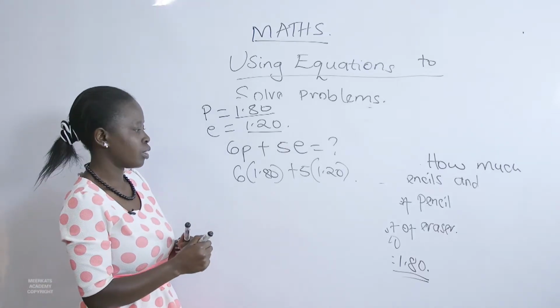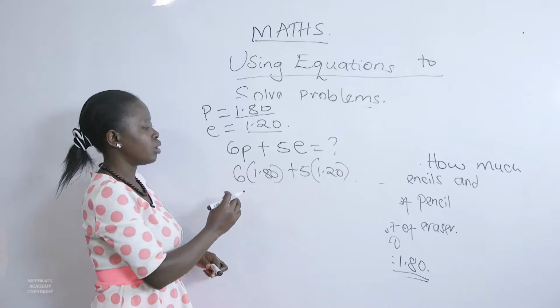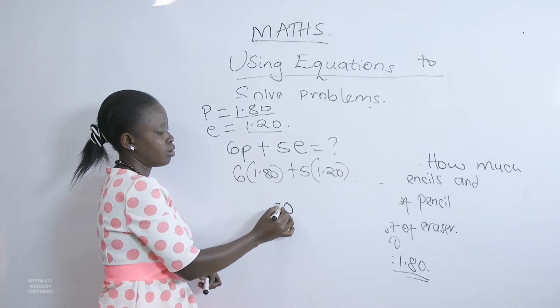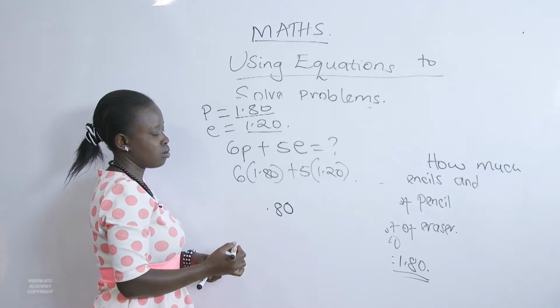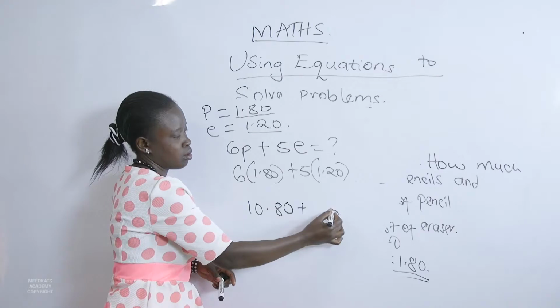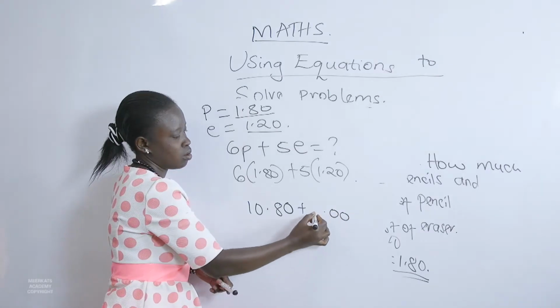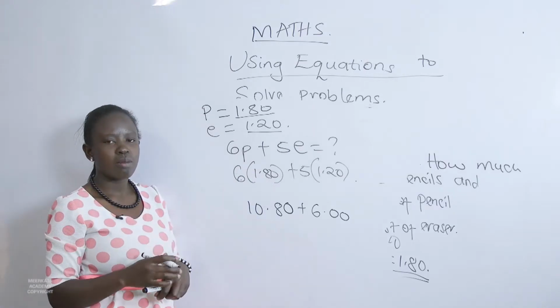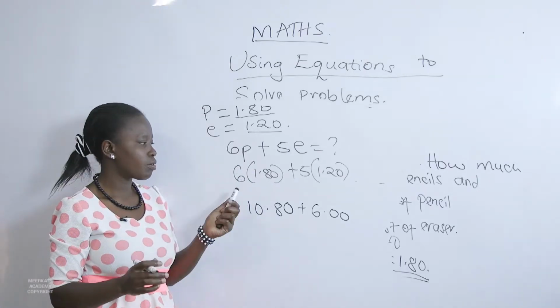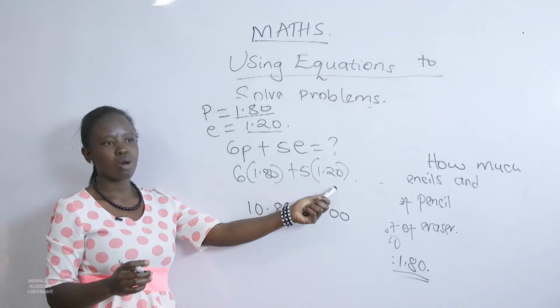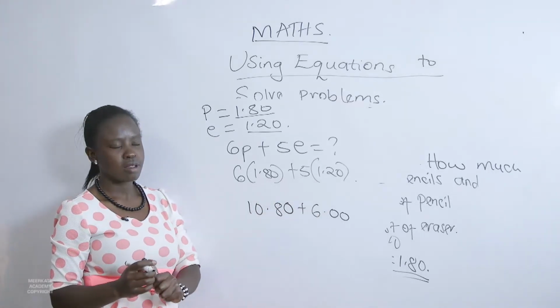Then when we multiply, so 6 times 1.80 gives us 10.80. 5 times 1.20 gives us 6.